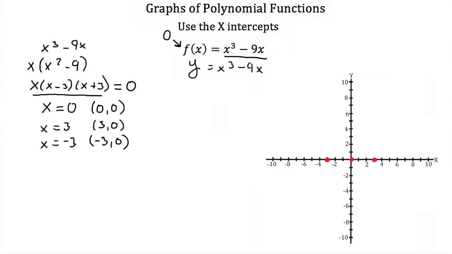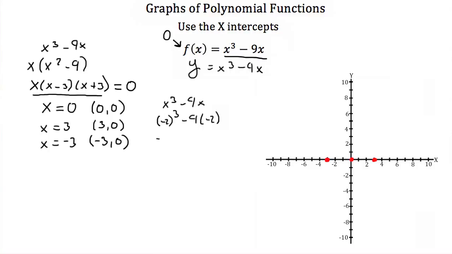Well, now we have 3 points, and we can almost graph this polynomial function. Let's find 2 more, and we should be able to complete our graph. If I plug in a negative 2 for x, where we have x cubed minus 9x, we get negative 2 cubed minus 9 times negative 2.